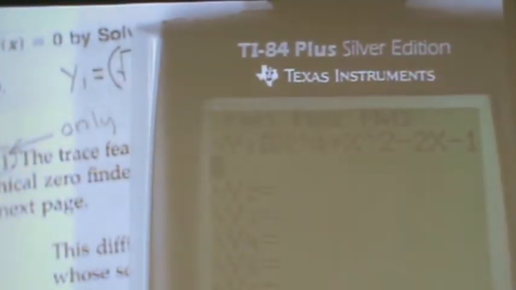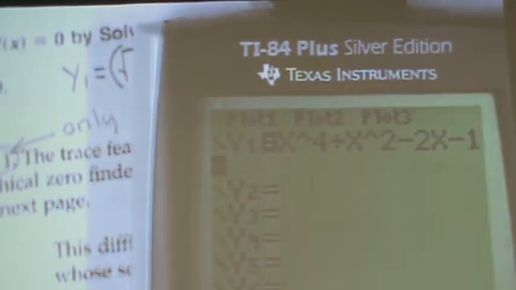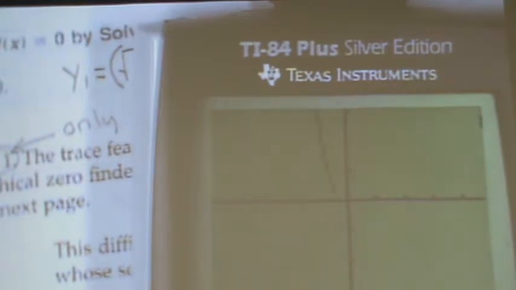Okay, so for this particular one, only when it's one big radical, you do only what's underneath it. Now hit graph. And there are 2 answers here. So let's find the first one. Let's find this one right here.